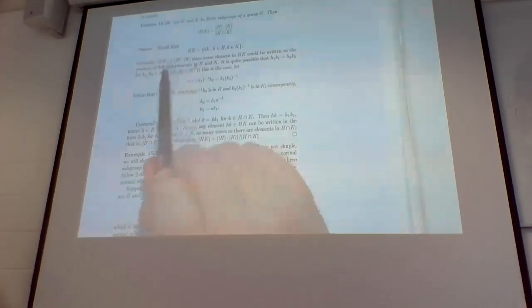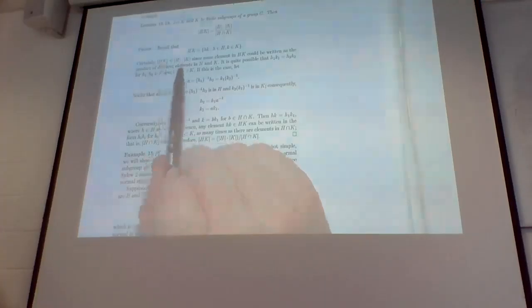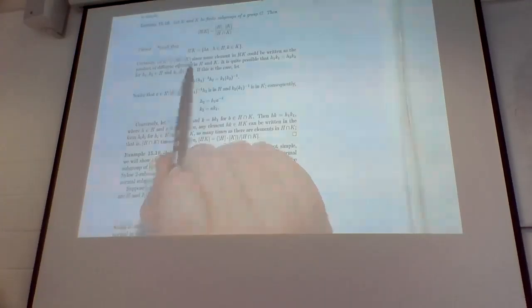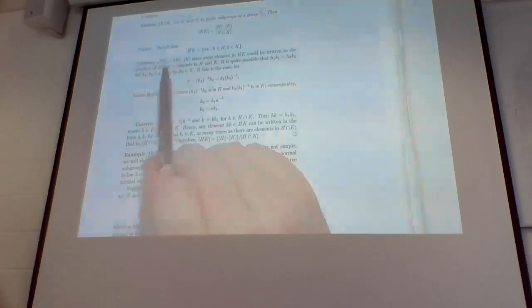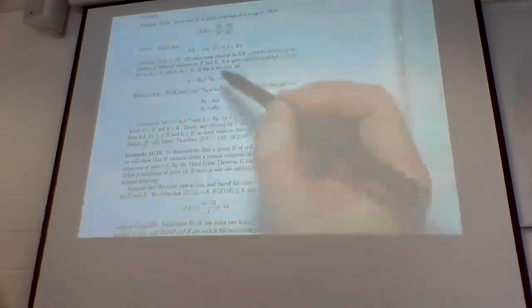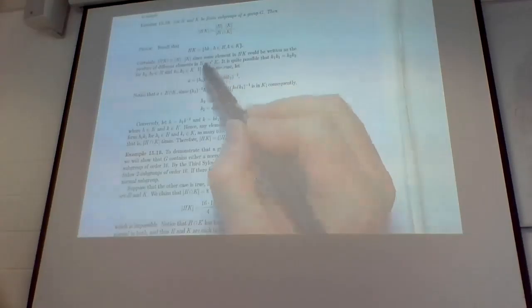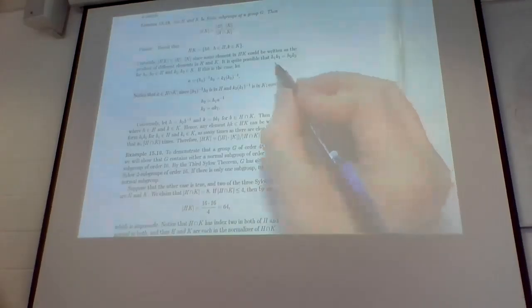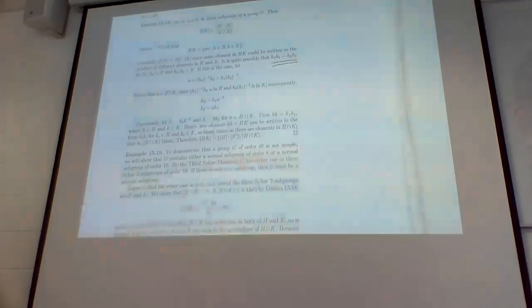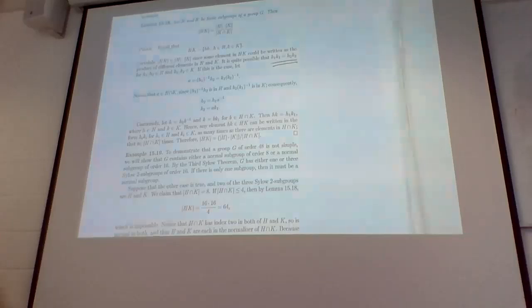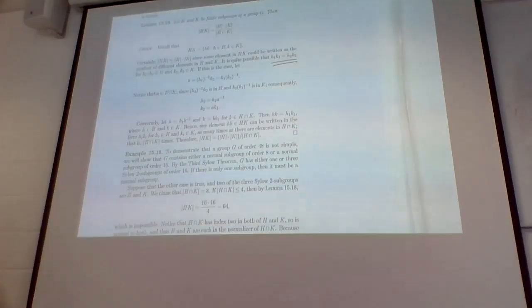In that case, the size of HK would be equal to the size of H times the size of K. But it's potentially smaller, since some element in HK could be written as the product of different elements in H and K. So this is what we're talking about here. Suppose h1k1 was equal to h2k2. So by implication, two different pairs, h1k1 and h2k2, that nevertheless multiply together to the same element.